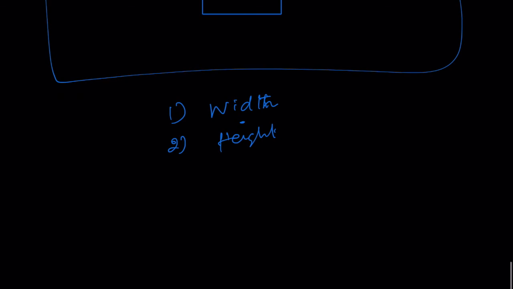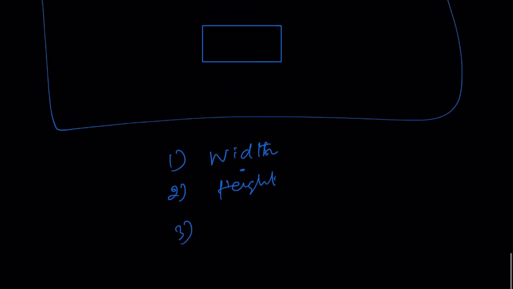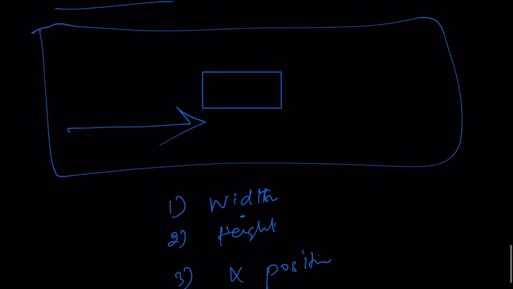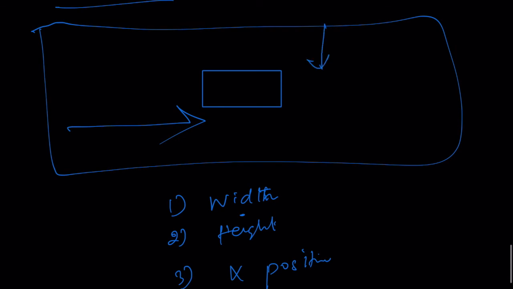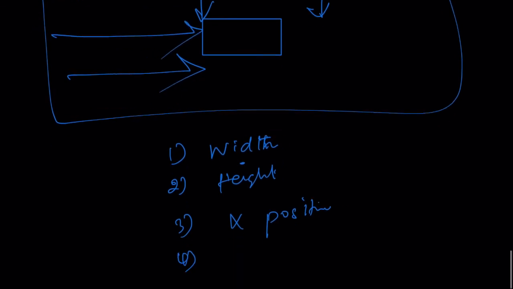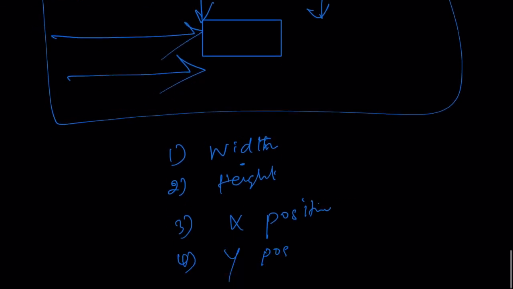But where should I start drawing this button on the x axis? So, the x position. And from the y axis, where should I start drawing this button? In our case, this is the y axis and this is the x axis, right? So, the y position.